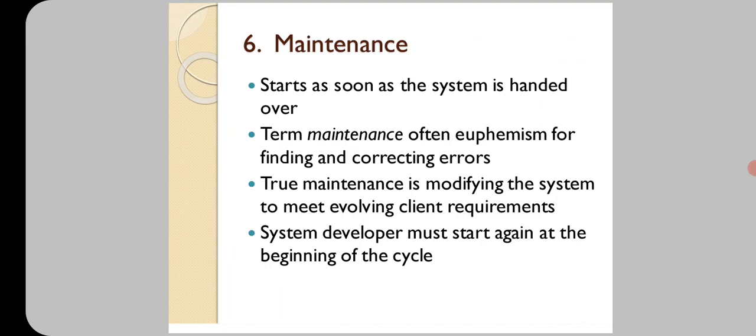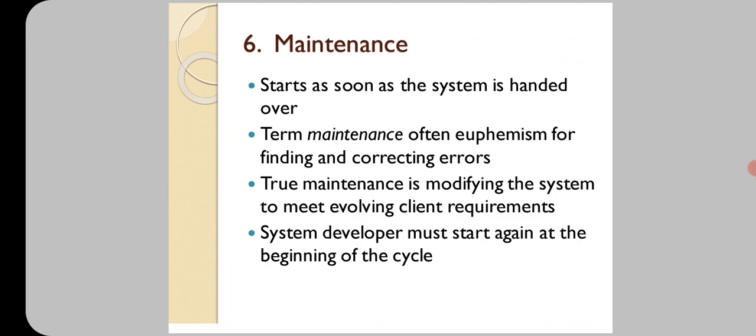True maintenance is modifying the system to meet evolving client requirements. Maintenance is a major, key role in the SDLC process. It solves all the problems which generally occur in the running or testing stage of the system.